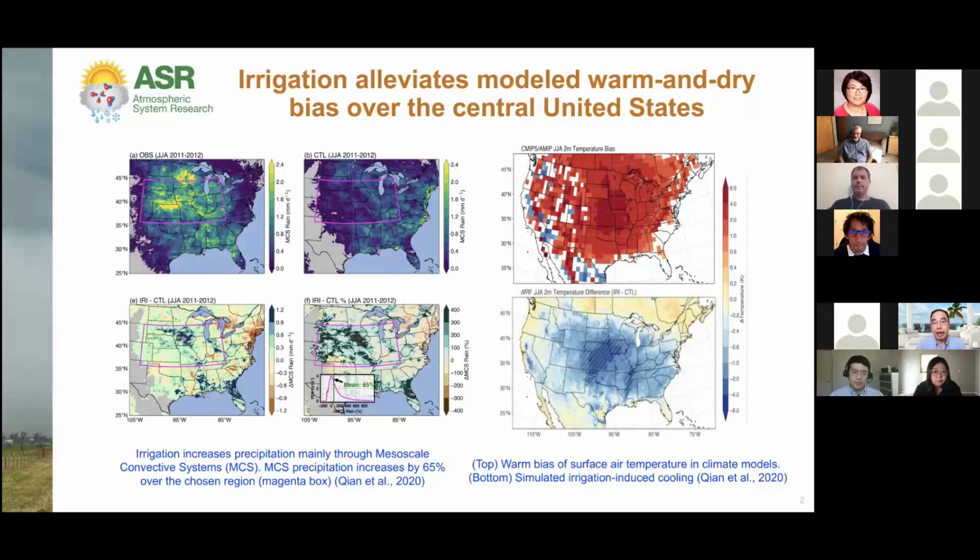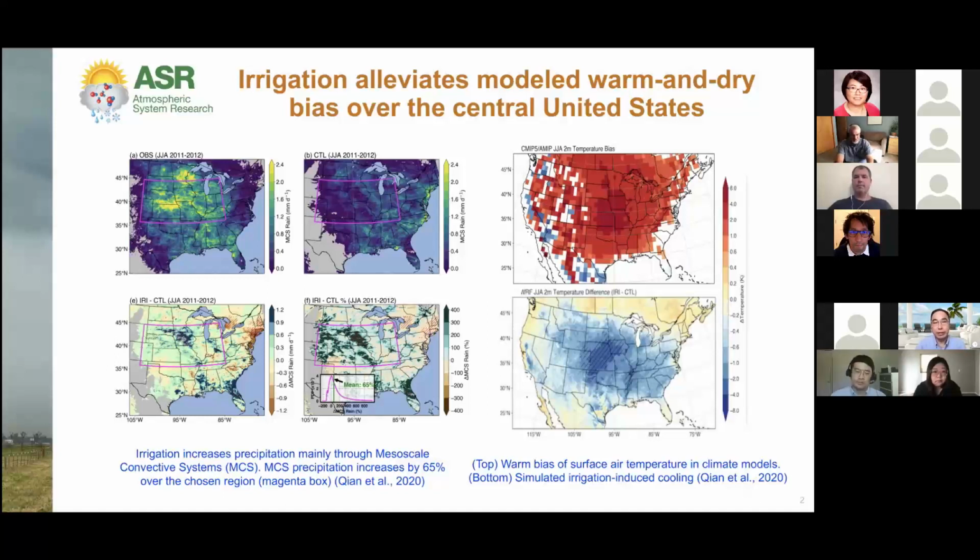We can see the pattern and the magnitude are very similar. Because these global models certainly didn't include irrigation, we suggest irrigation alleviates the long-standing model warm and dry bias over the central United States.